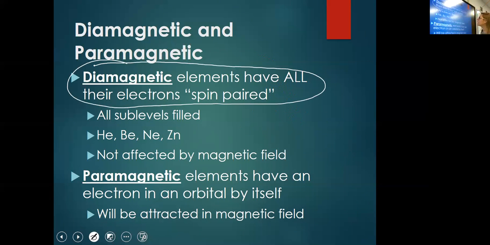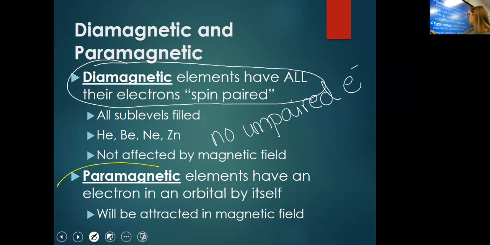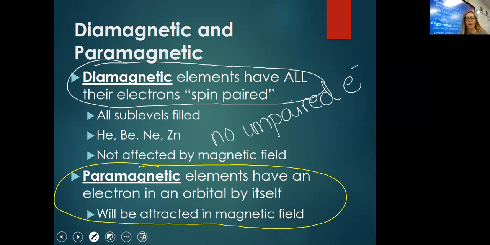And what that means is that there are no unpaired electrons. And if there are no unpaired electrons, it will not be impacted by a magnetic field. Whereas paramagnetic means that it will respond to a magnetic field because it has unpaired electrons.